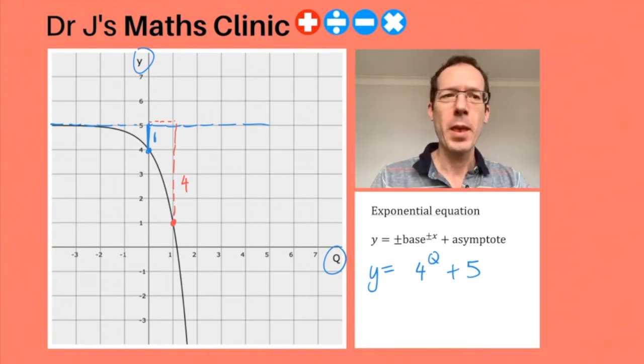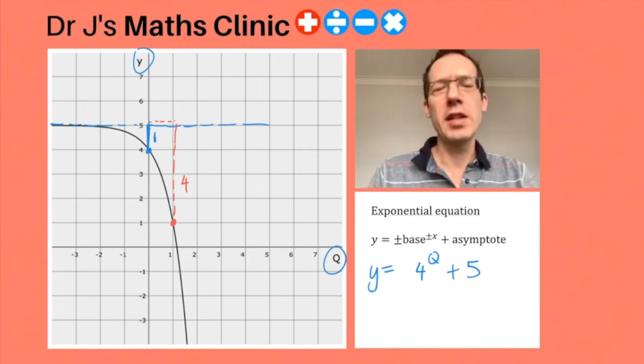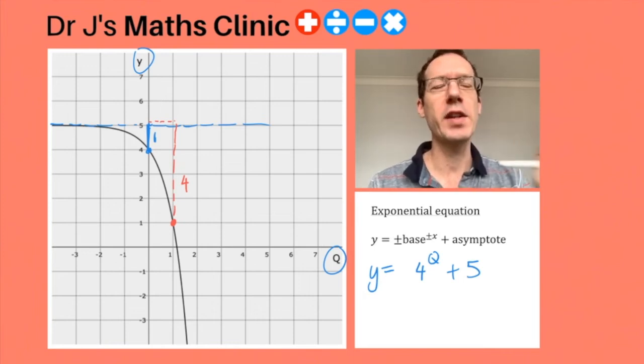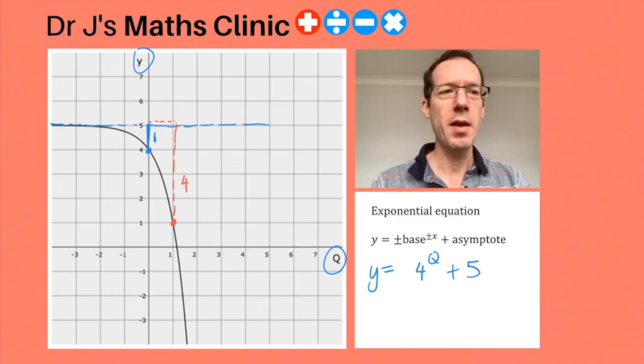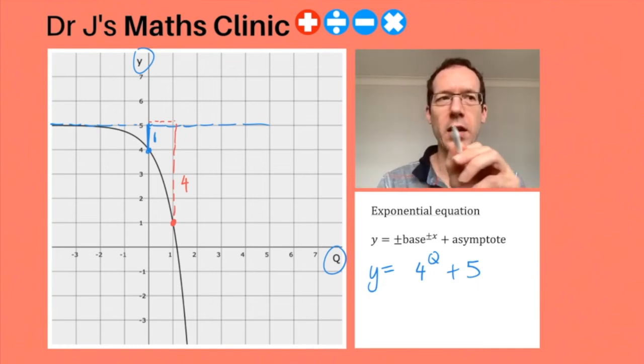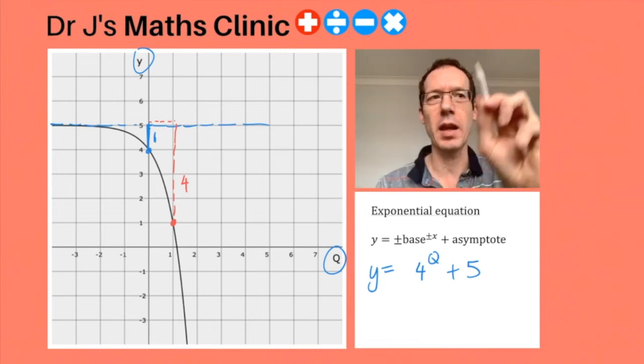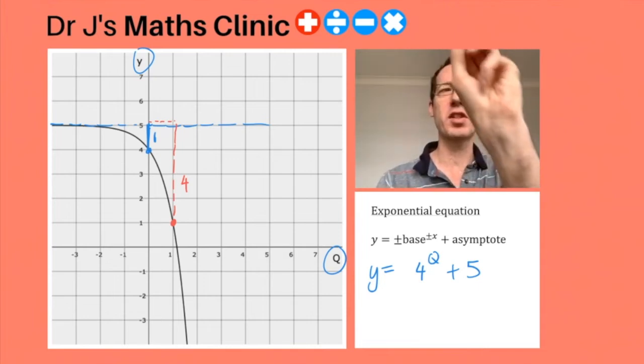Okay, so that's good. We've got one thing to deal with though. If I tested this out, I would find that this equation doesn't work for this graph because the equation I've currently got would move along and then it would go upwards, because we would be adding 4 to the power of q and that would get bigger and bigger and bigger. I actually want it to go downwards.